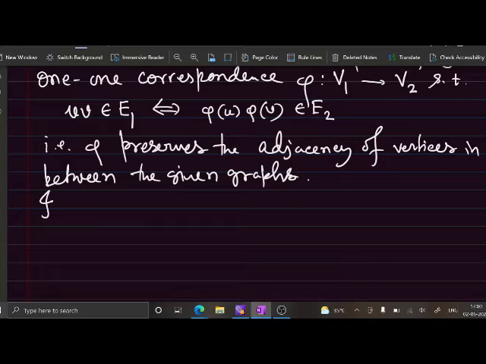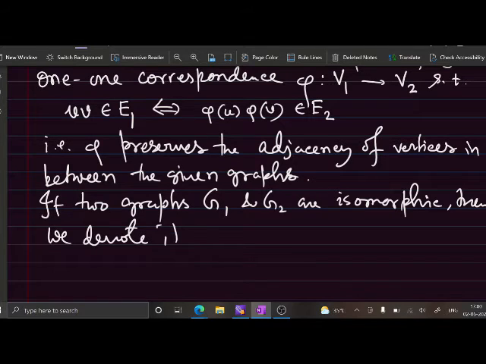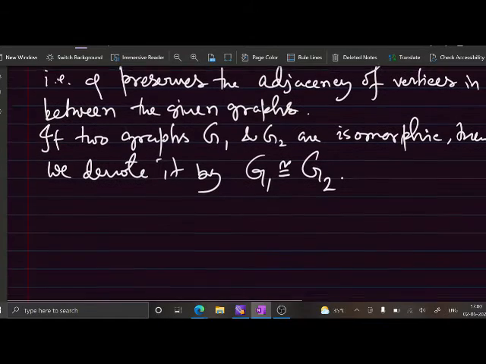And if two graphs G1 and G2 are isomorphic, then we denote it by G1 is isomorphic to G2, G1 ≅ G2.